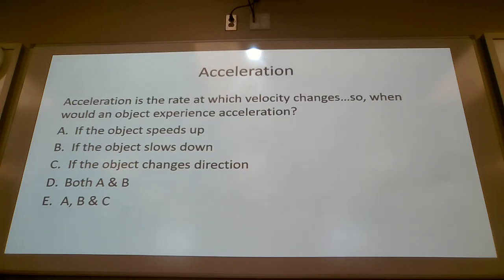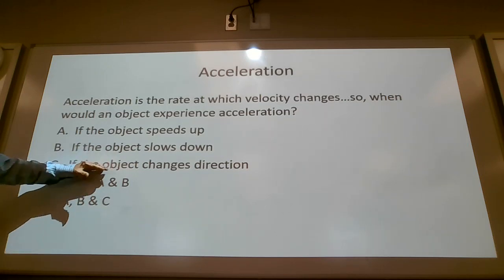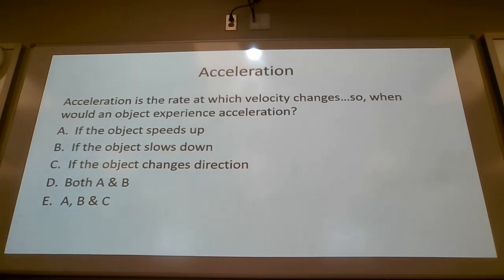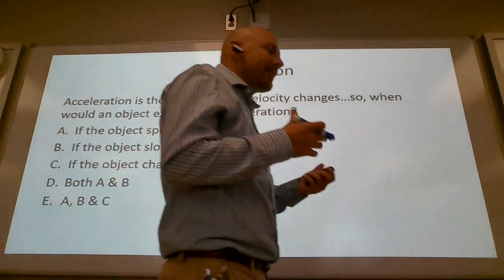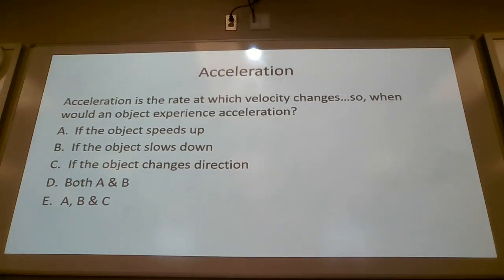That constitutes an acceleration. If you also change your direction, that's a part of velocity. If that changes, there is acceleration as well. So from a physics standpoint, anytime you change any part of velocity, you have acceleration.